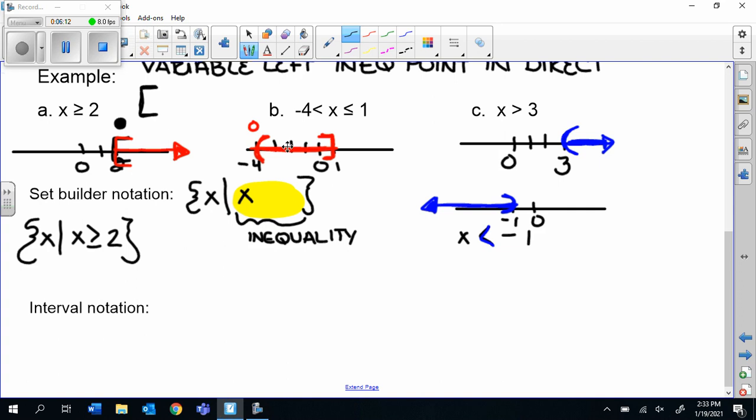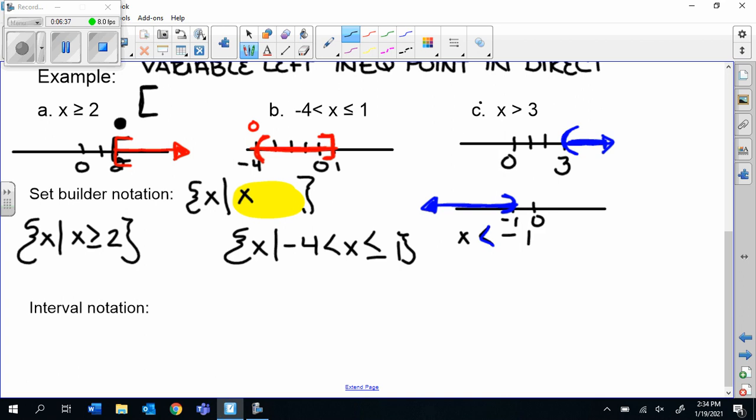If I was going to take this example here and give myself just a little bit more space, I would write example B as X such that it is between -4 and +1.